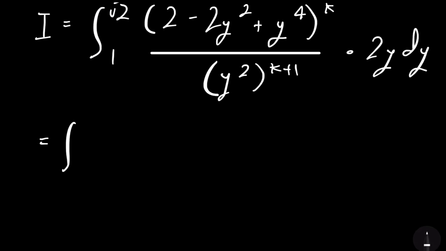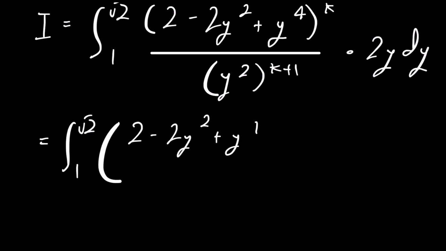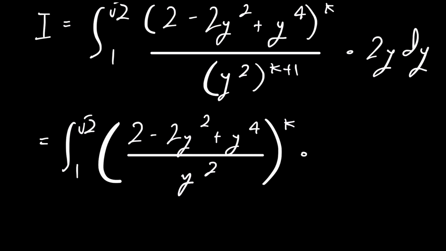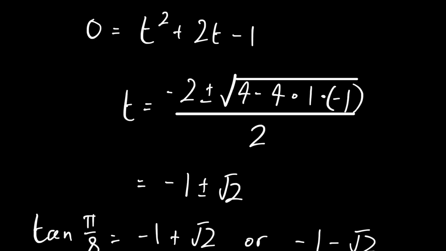So we can just do that. We have the integral from 1 to root 2 of 2 minus 2y squared plus y to the 4, taking one y squared out so that's to the k, and that will just be times 2 over y dy. Now, the actual question said 1 over y, but we can just take this 2 out to the front, like this. All we're really asked to show is that these two integrals at the end are equal to each other.